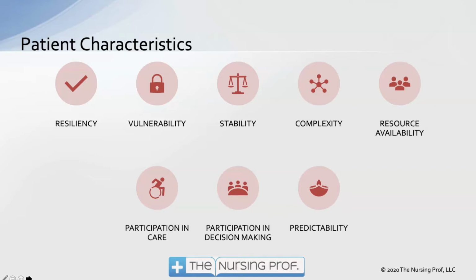How complex is that patient? And that, again, has multiple dimensions. It's not just how complex is that medical problem, but also how complex is their family situation, their living situation, maybe their ability to recover from this illness.